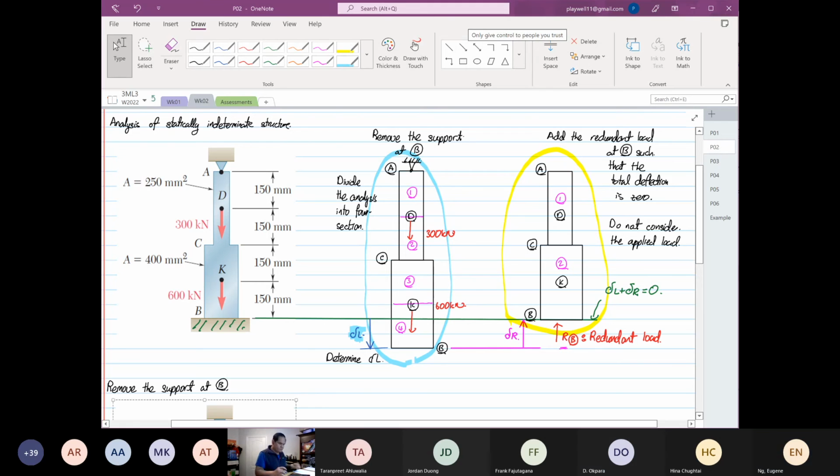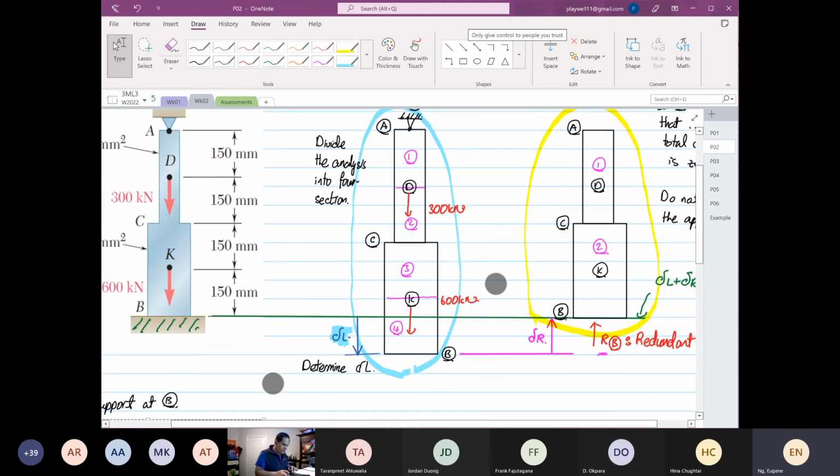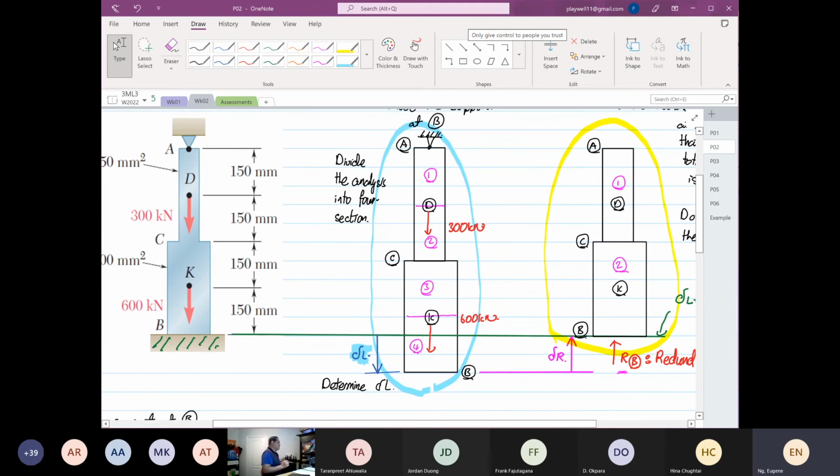I will explain. The reason we divide them into parts depends on 3 things. 1 is the applied load. 2 is the change of geometry. 3 is any change in material.